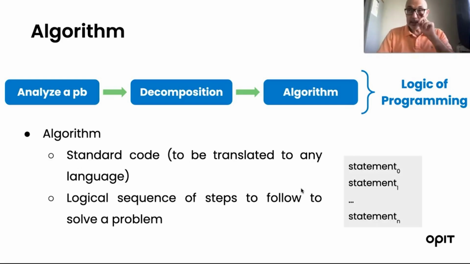It comes as a sequence of different steps starting from first statement, second statement, etc., until you reach the final statement. So all these statements constitute a simple algorithm. Of course, the whole problem may have different algorithms, each one of them solving a specific sub-problem.